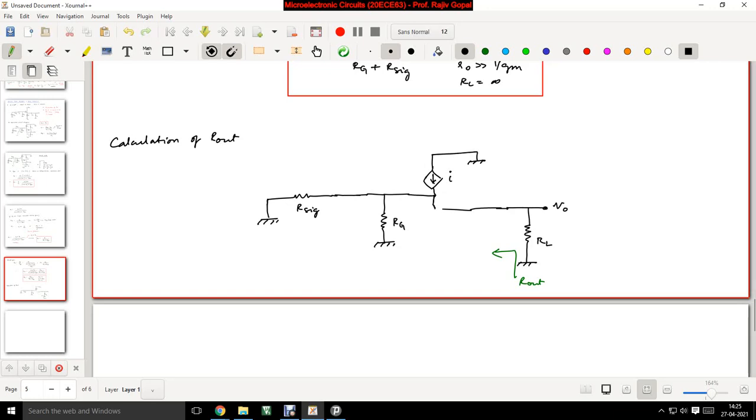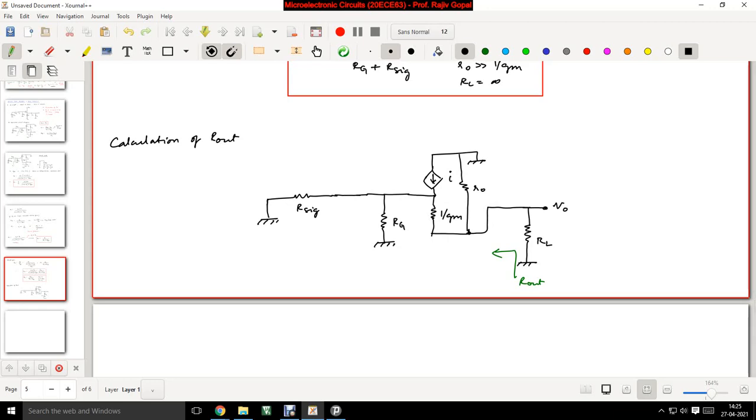This actually comes to 1 by gm like this. This is 1 by gm. This is r0. These both are connected to RL like this.